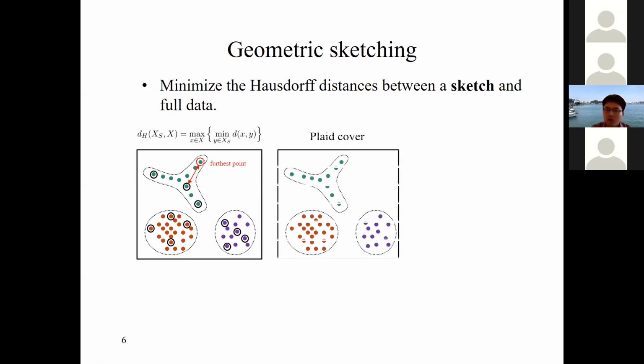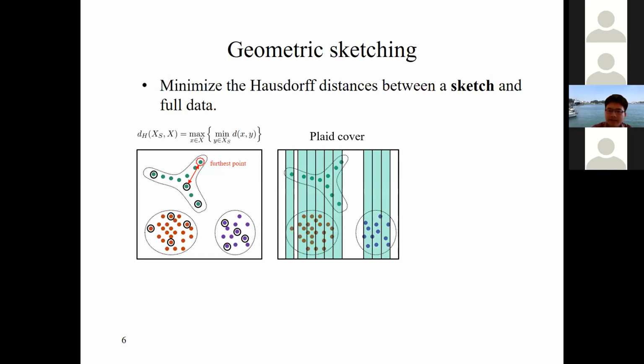So how does geometric sketching solve this problem? The main idea is that they cover the space with non-overlapping boxes, and then they just pick one cell per box. In particular, they use a strip, as you can see in the figure, or they also call it a plate, to cover every cell in every dimension, like this.